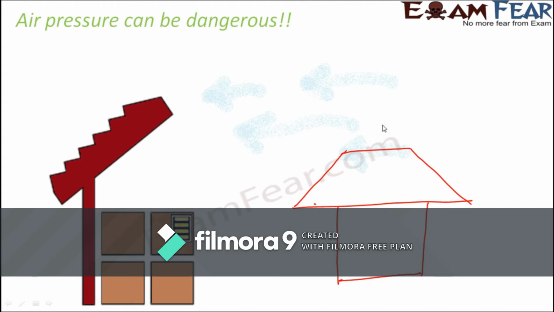Above the roof of the house, since the wind is moving at a very high speed, the air pressure here is going to be less. But the air pressure inside the house is going to be more. So here the air pressure is more and here the air pressure is less. And we know that air tends to flow from the region of higher pressure towards lower pressure.